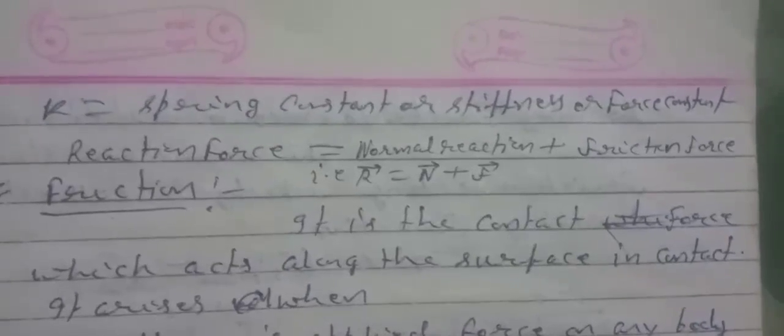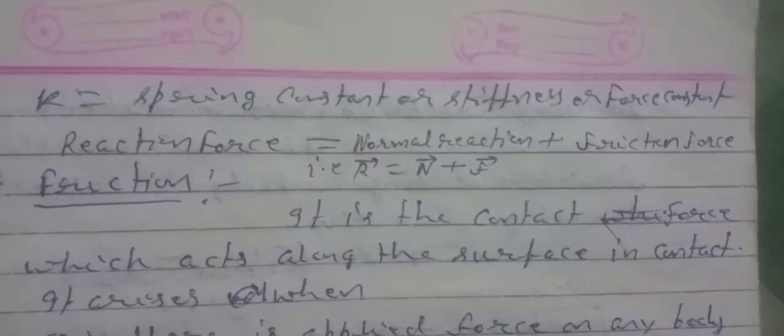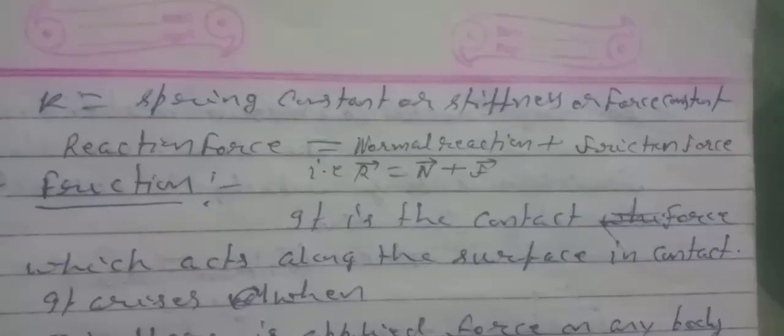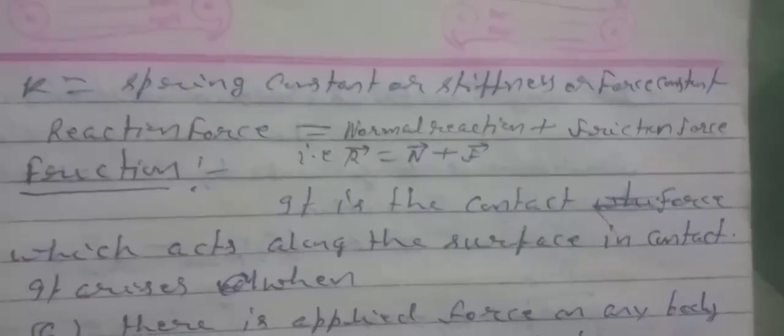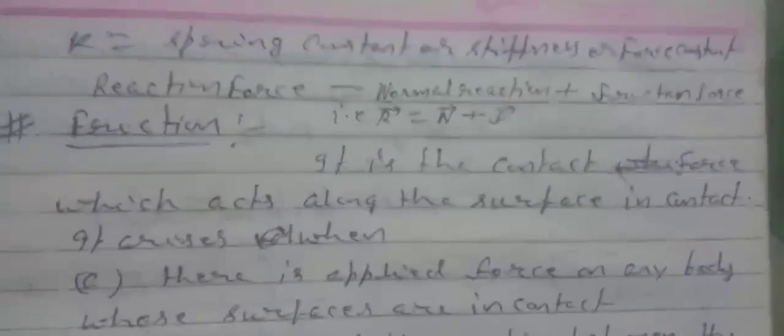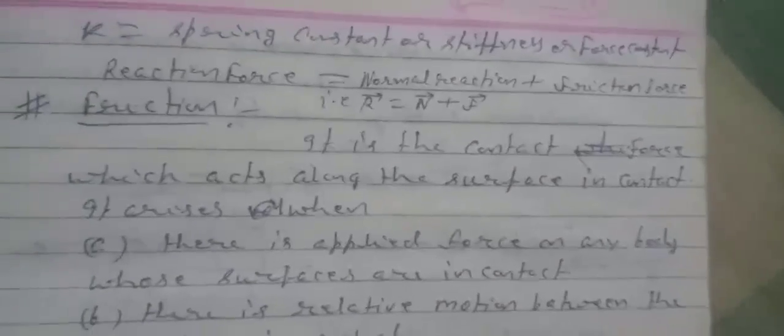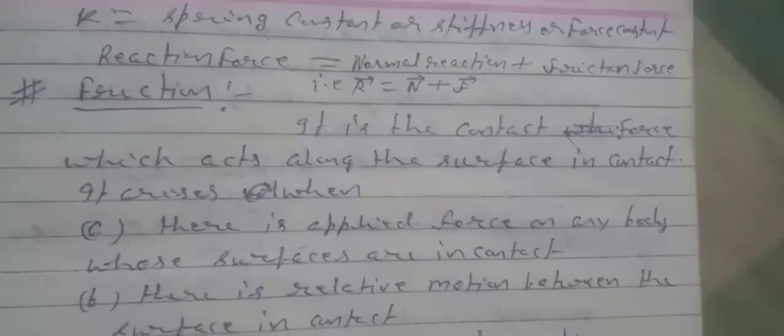And the reaction force. There are two types of reaction forces: the normal reaction plus friction force, or R vector equals N vector plus F vector. Reaction force acts in the case of friction force.